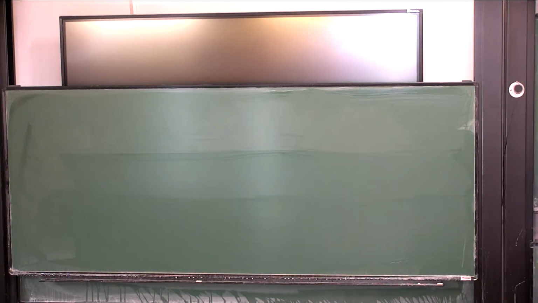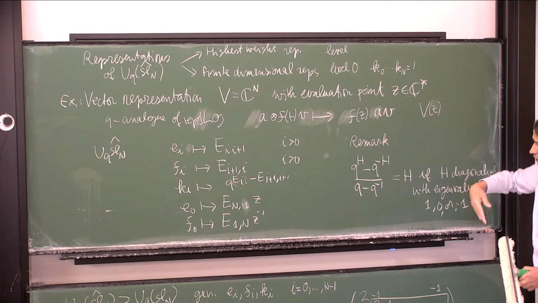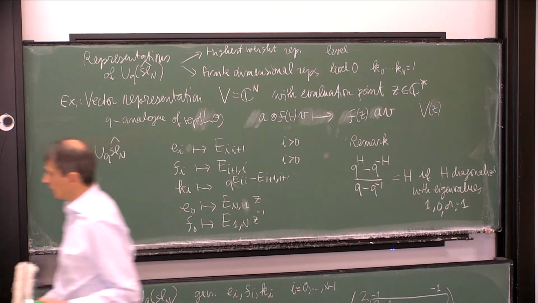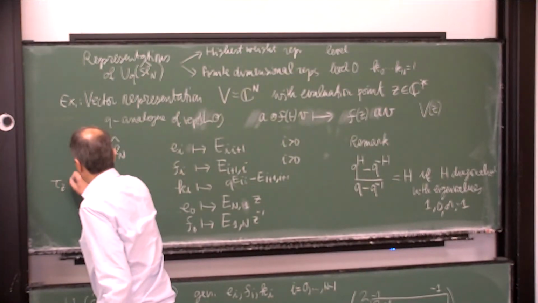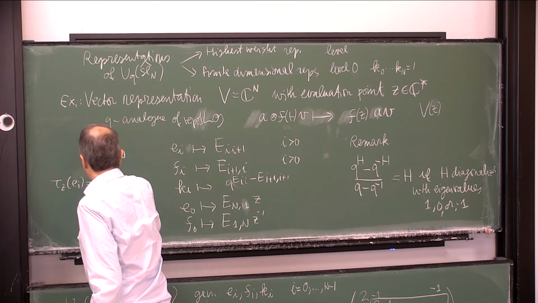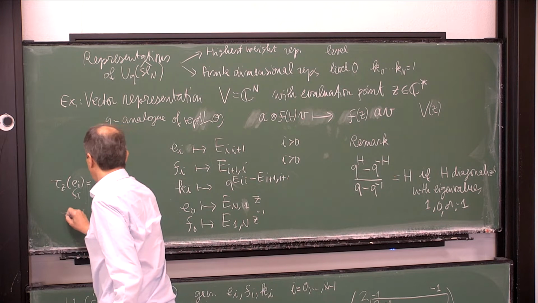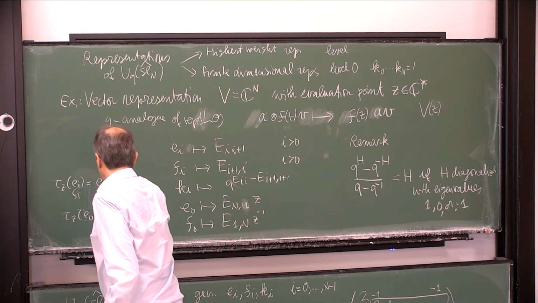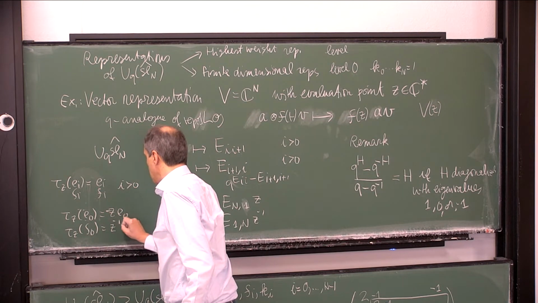And so this representation V of z is a twist of some representation V by an automorphism. So you have an automorphism tau_z, which is trivial on E_i and F_i for i positive, and tau_z of E_0 is z E_0, tau_z of F_0 is z inverse F_0.